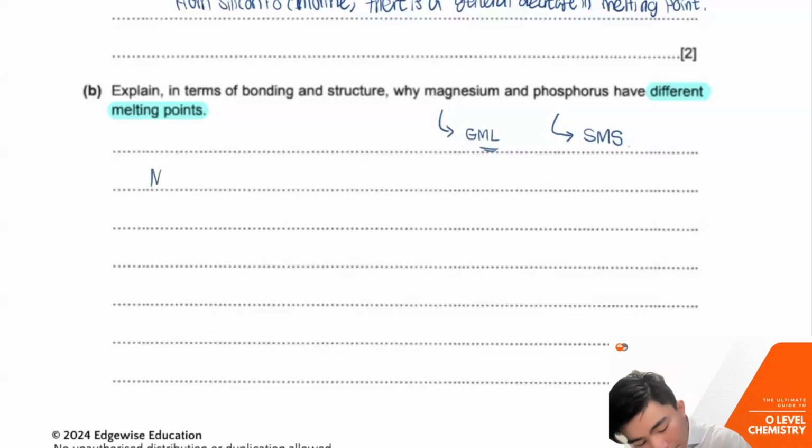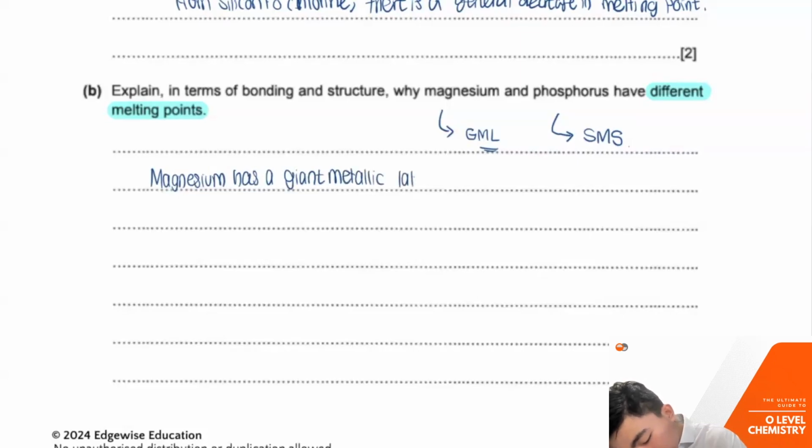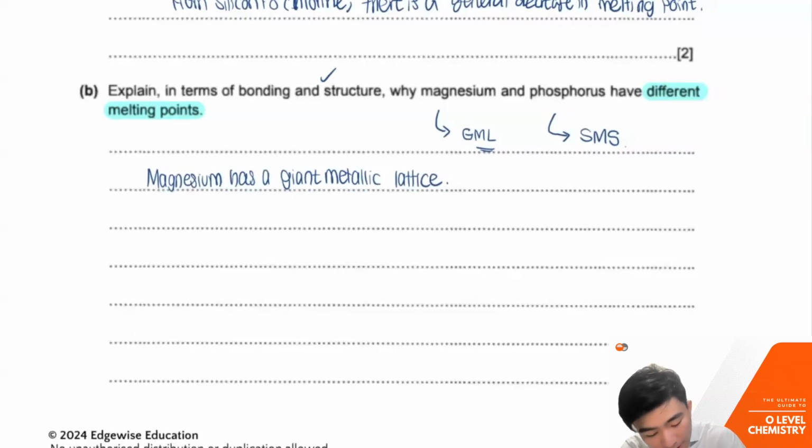First, how do you go about explaining? First, you tell me magnesium has a giant metallic lattice structure. Now, what about the bonding? You can explain in terms of melting point.